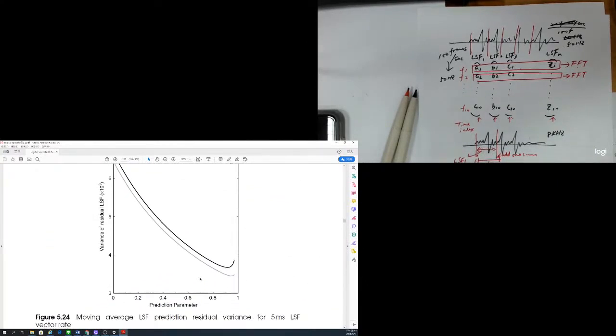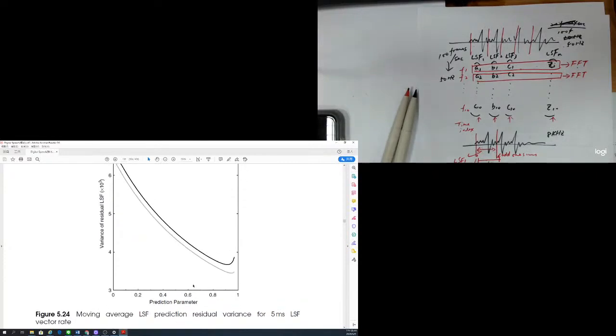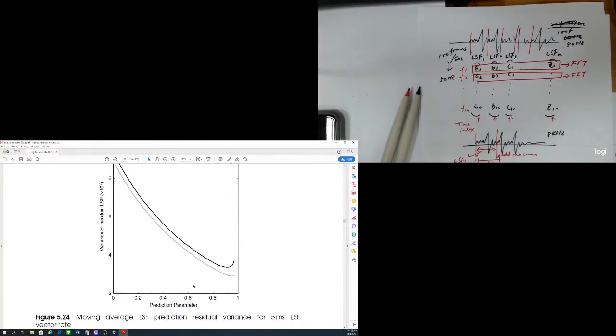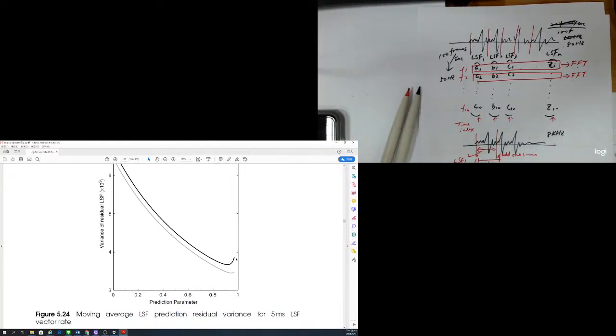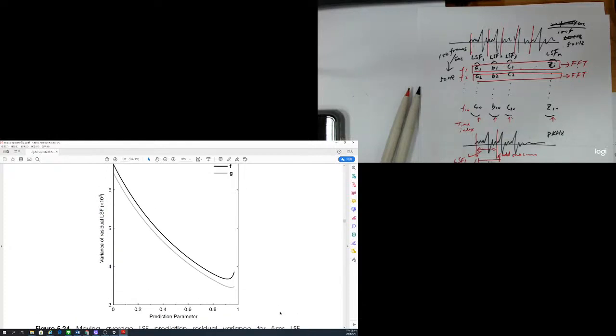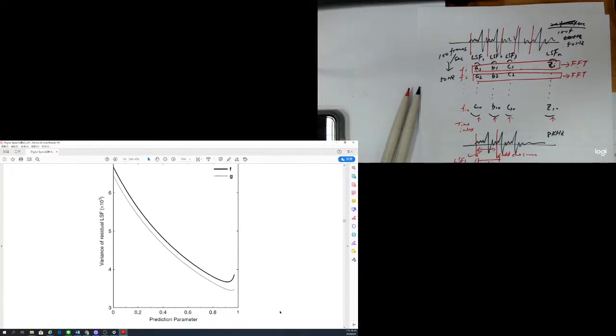Okay, so this one shows that for the line spectrum frequency at something like 5 milliseconds we have a high sampling rate, so the aliasing effect will be lower. You can see this prediction parameter.